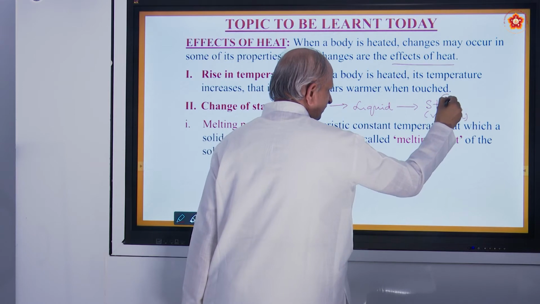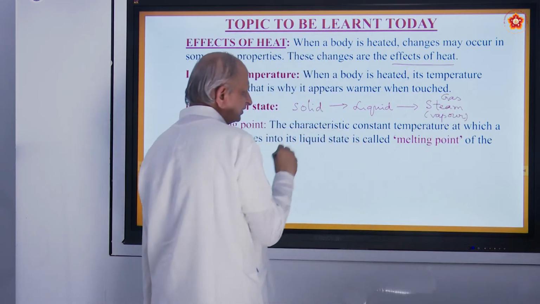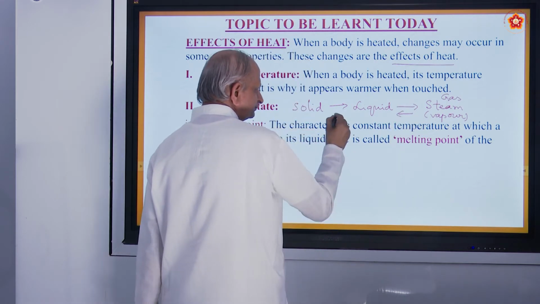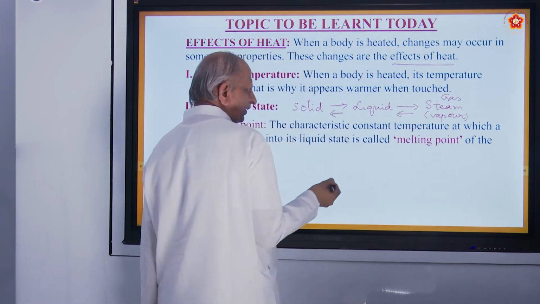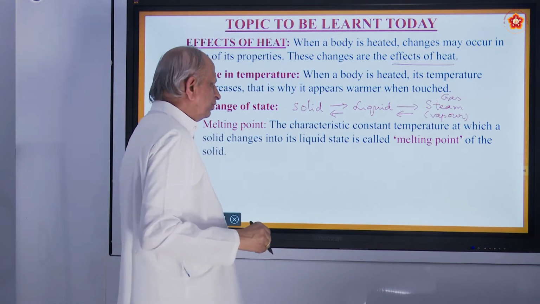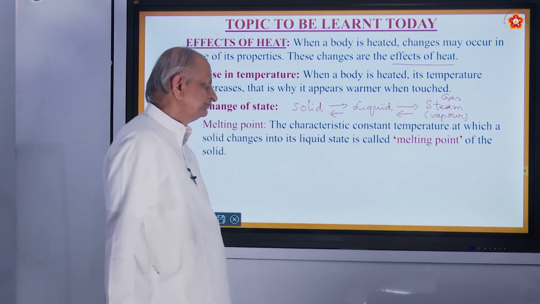So that is a gaseous state. And the reverse is also true. If steam is cooled, it becomes water, and if water is cooled, it becomes ice. So there will be a change of state.